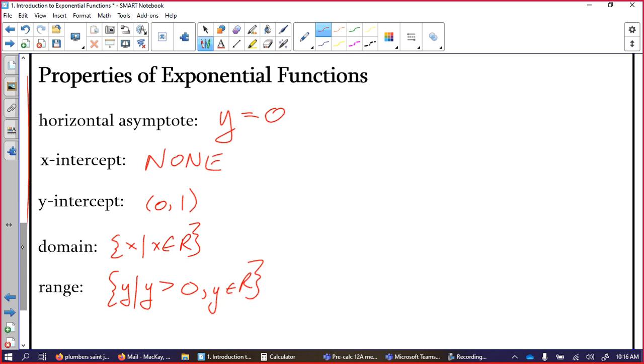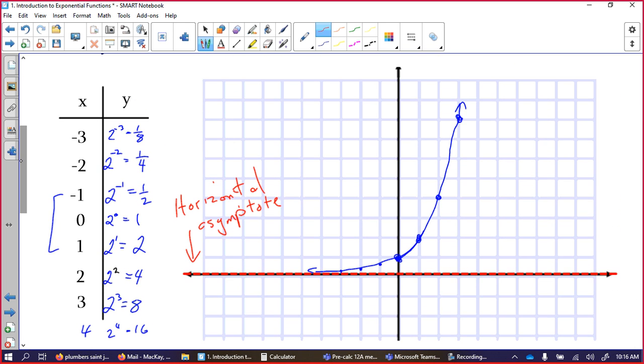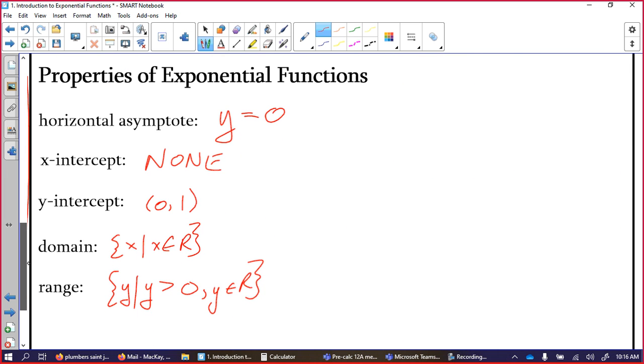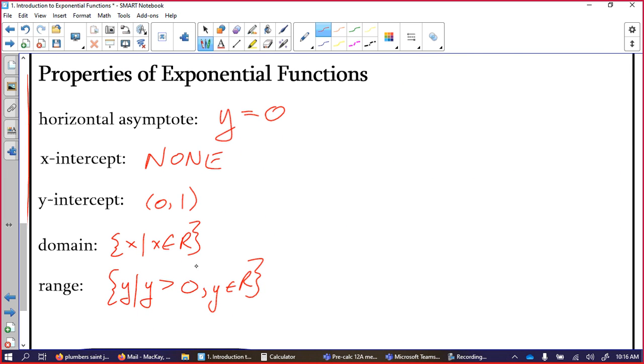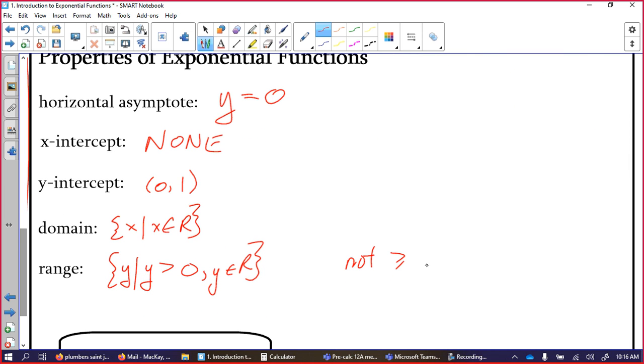So the same sort of thing that we've done with other graphs, we are going to look at these particular bits. This is not greater than or equal to like a parabola, because no matter what value here, it's never going to actually hit 0.